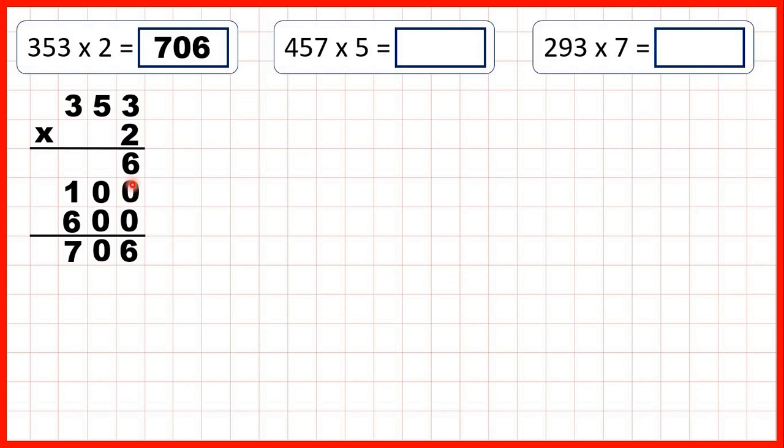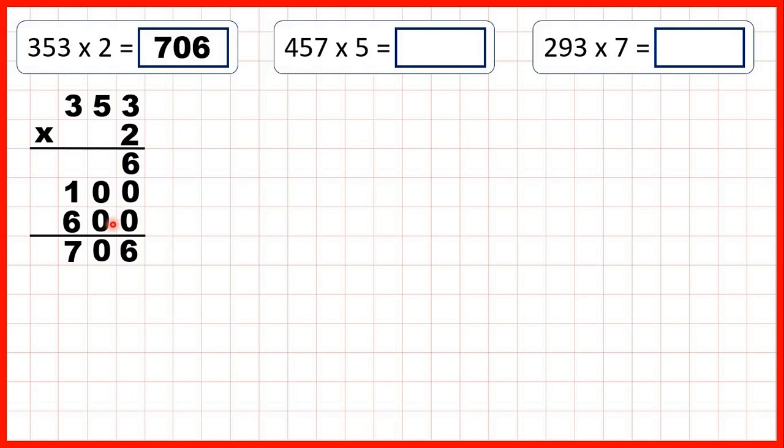Notice the reason why we could write a 0 in our second answer line is because 5 tens is the same as 50, and 50 times 2 is 100. But if we write a 0 at the end, we don't need to multiply 50 by 2, we can just multiply 5 by 2 and get the same answer.